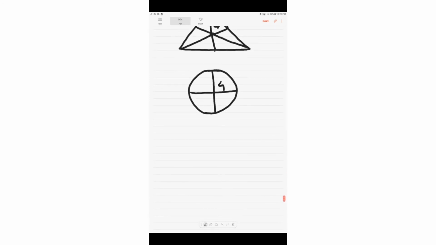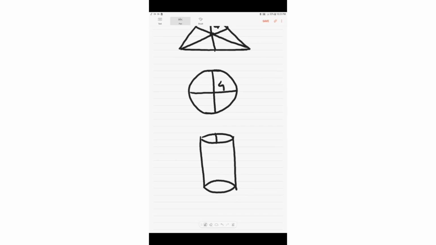If the object is cylindrical in shape, then its center of gravity is the intersection of its axes.